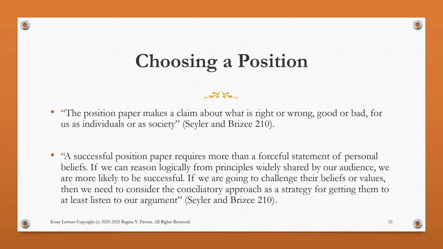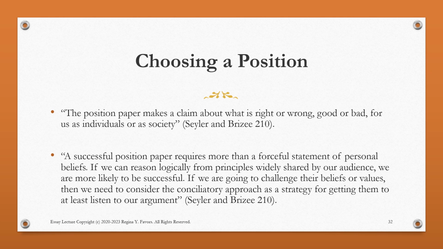So choosing a position, this is information taken directly from the course text. So the position paper makes a claim about what is right or wrong, good or bad, for us as individuals or as a society. A successful position paper requires more than a forceful statement of personal beliefs.